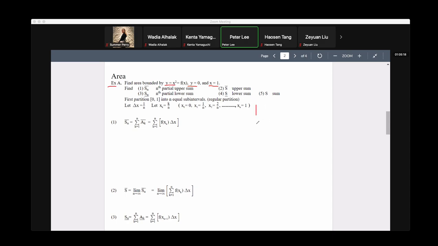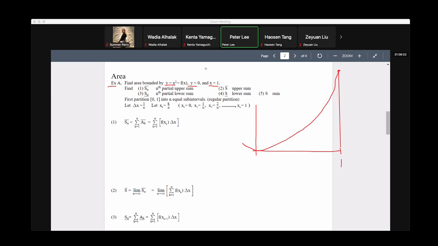So let's say we have this x, y plane right here. Let me just draw this. I'm just going to manually sketch it. Oops, let me redraw this here. This is the line x equals 1.